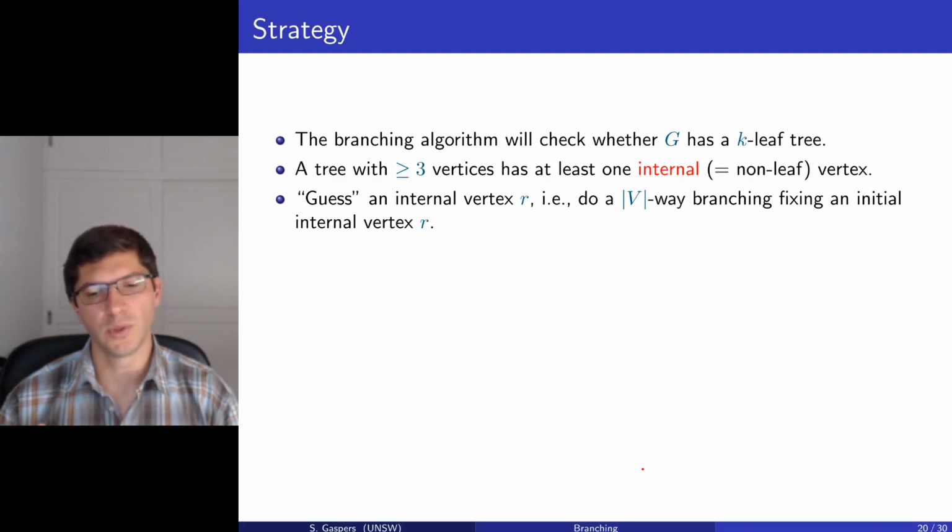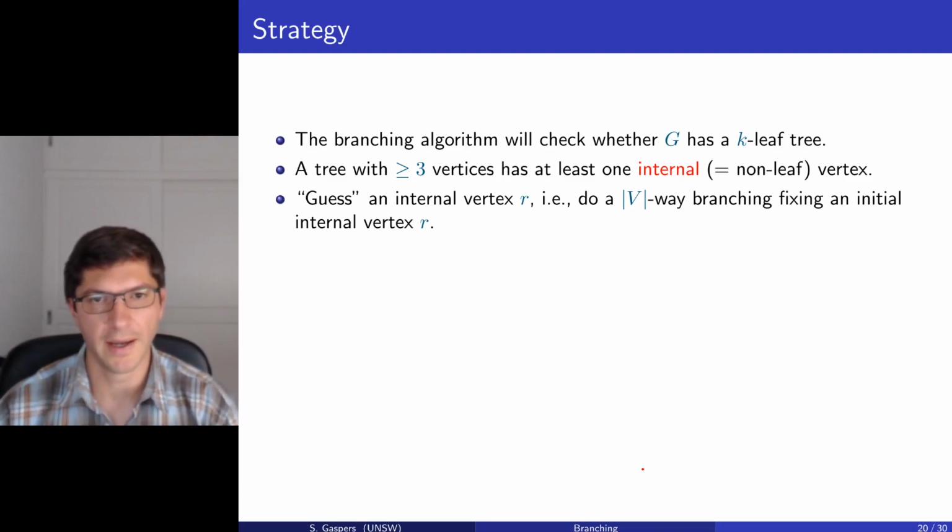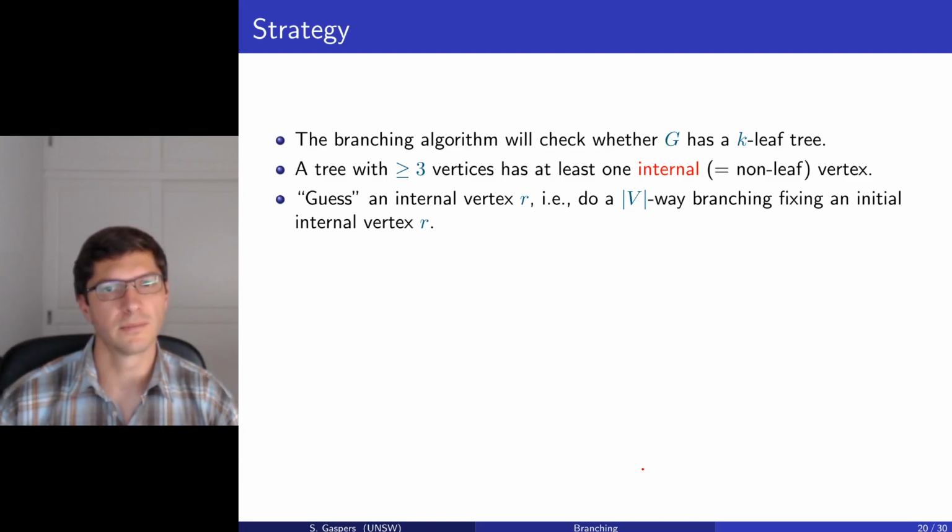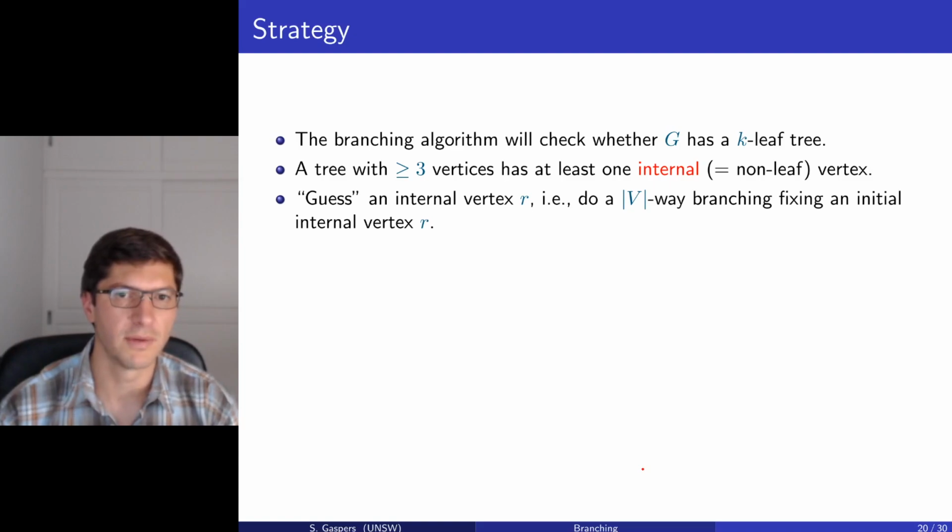Now, the algorithm will build this tree, and it needs some place to start. So let's say it starts at some internal vertex of the tree. And we know that a tree with at least 3 vertices has at least one internal vertex.